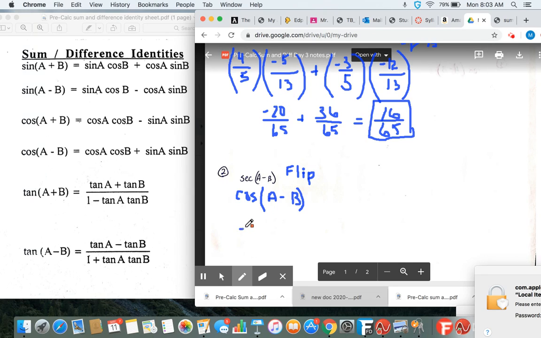And I'll scroll back up in a second. I'll let you guys see that. But we've used these already. We've kind of already identified what sine and cosine are of each one. Cosine of B is negative 5/13.